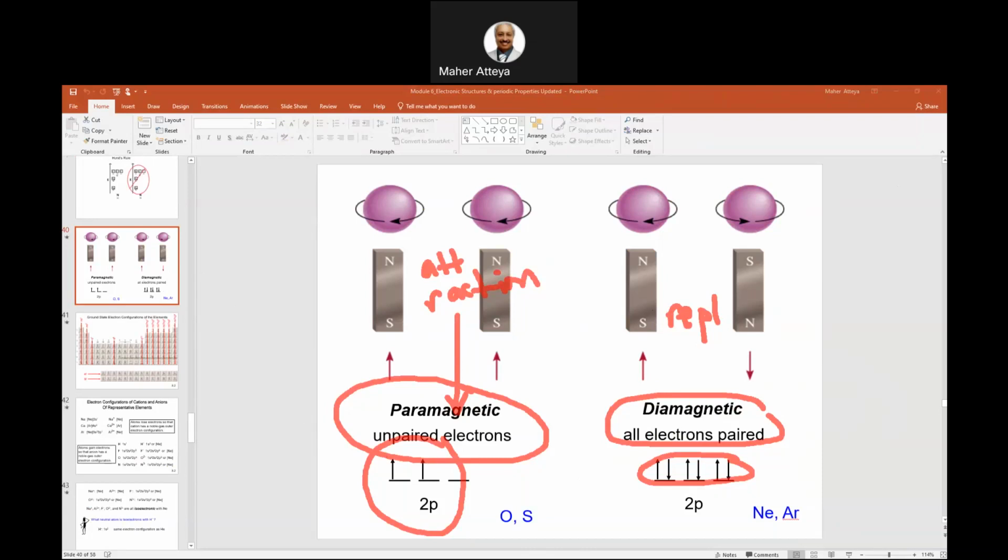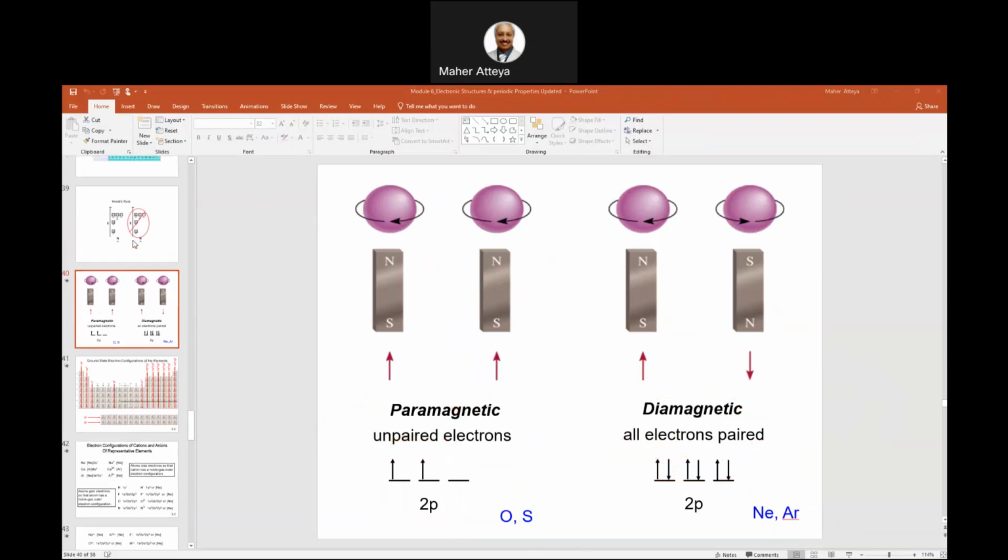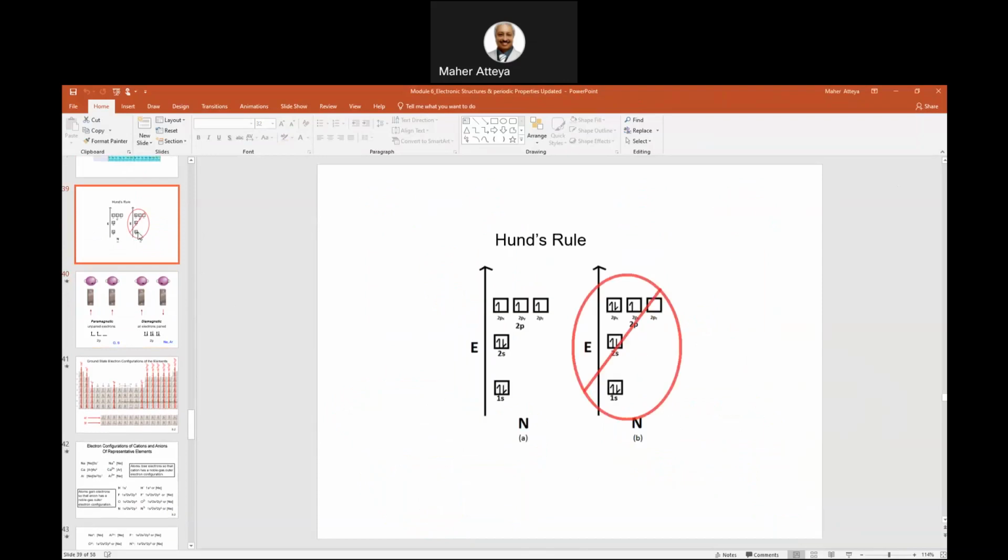So what can you tell me about nitrogen? We took just nitrogen, correct? Is nitrogen paramagnetic or diamagnetic? Look here. It's paramagnetic. Why? Because you have all those here.